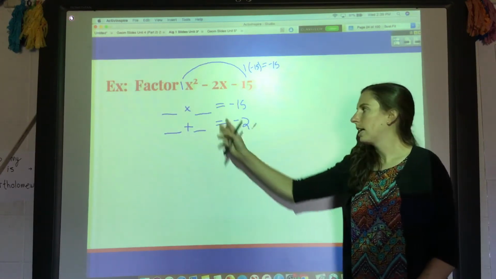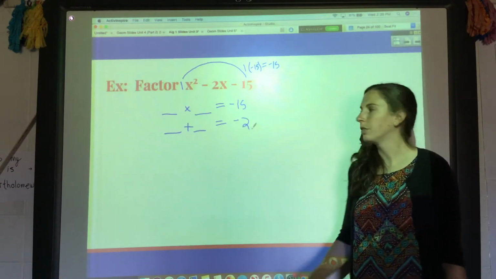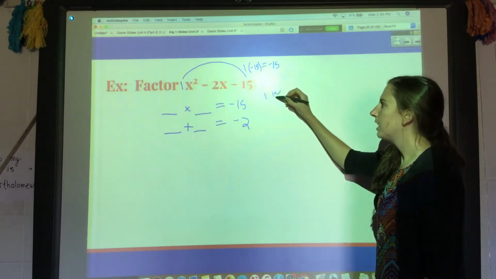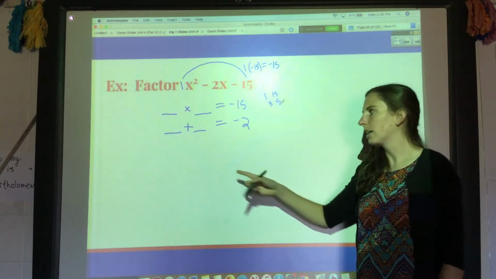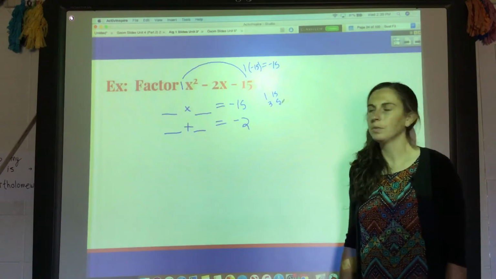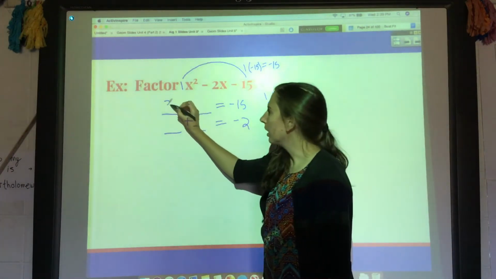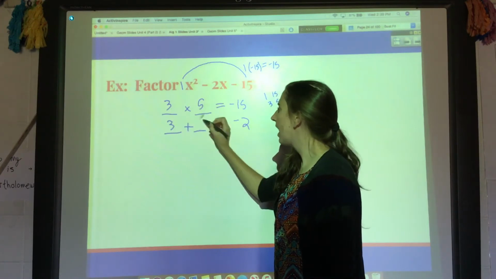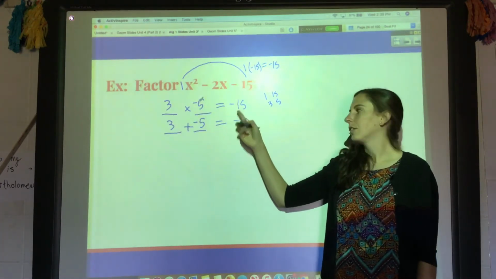They have to be the same two numbers. Again, start thinking of things that multiply to give you 15, like 1 and 15, 3 and 5. If you play around with negatives, can you get them to add to be -2? So 3 and 5 will work, and we'll need to make the 5 negative, because that multiplies to -15 and adds to -2.